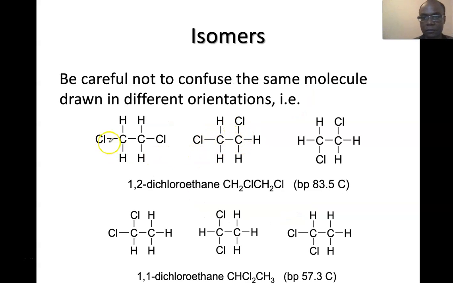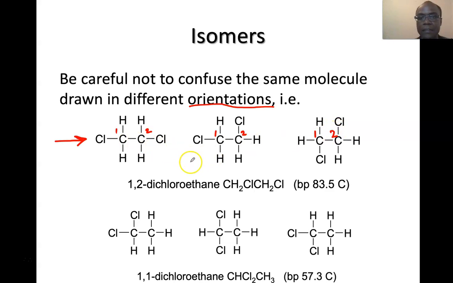So other examples of structural formulas are what you see here. Do not confuse isomers with different ways of drawing in different orientations, because all these are the same. I see on carbon 1 I have 2 hydrogens and a chlorine, and on carbon 2 I have 2 hydrogens and a chlorine, in each drawing.